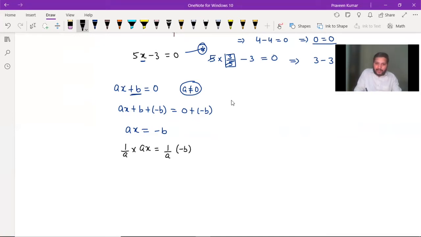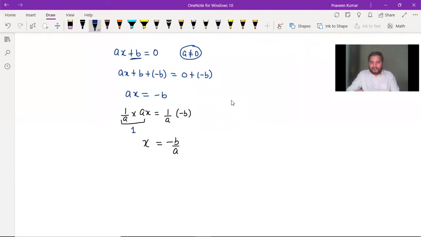So a can be eliminated. A multiplied by its inverse will give you the multiplicative identity, which is nothing but 1. So 1 times x is x, which will be equal to minus b by a. So x will be minus b by a. Is that okay?